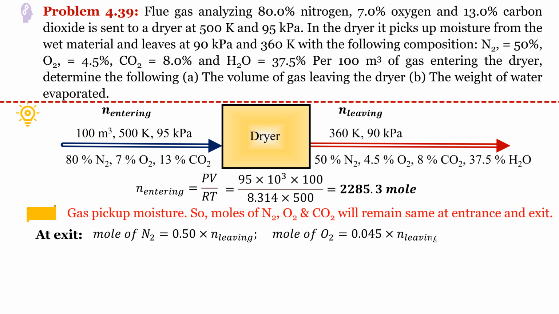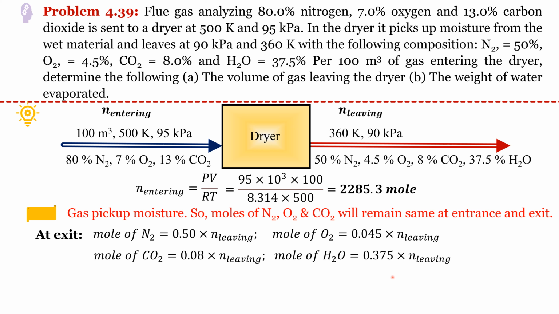In the same way, moles of O2 will be equal to 4.5% of N leaving, and moles of CO2 will be equal to 8% of N leaving. So moles of H2O will be equal to 37.5% of N leaving.